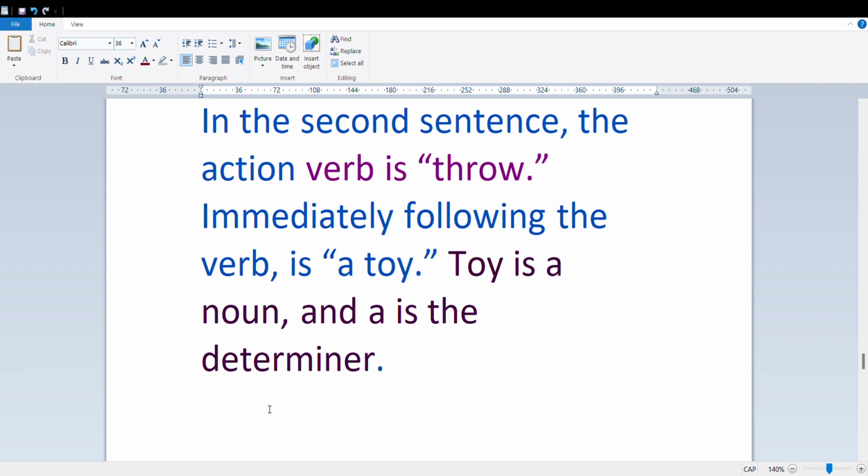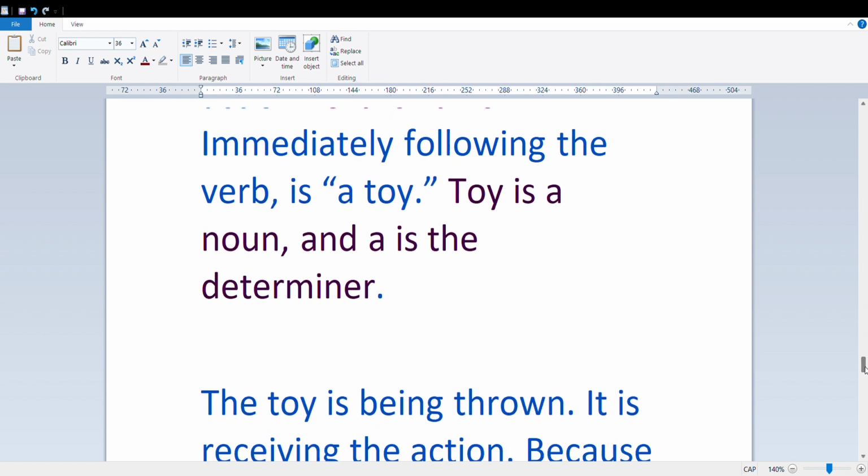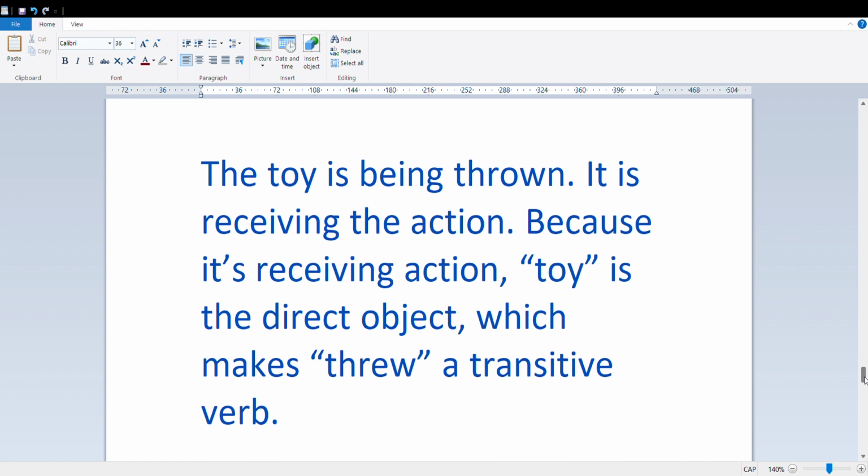See, the toy is being thrown. It is receiving the action. Understood? The toy is being thrown, so it is receiving that particular action. Because it's receiving the action, toy is the direct object, which makes throw a transitive verb.